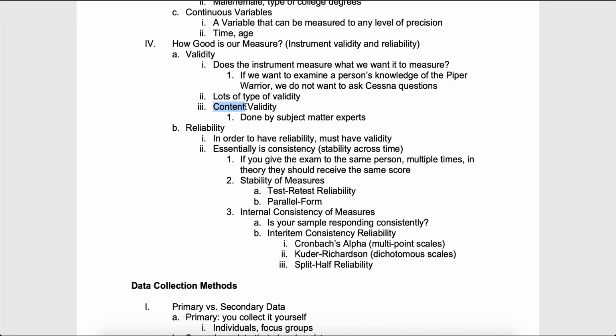And usually content validity is done by subject matter experts. They have to agree, so a bunch of scientists would agree that a ruler that has a set measurement scale in terms of feet and inches and centimeters would be a valid tool to use to measure height. If you're measuring things like willingness to fly, if you just made your own scale to measure how willing someone is to fly, that might not be valid because you want subject matter experts to all agree on that.